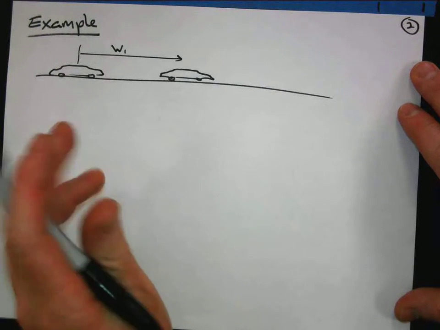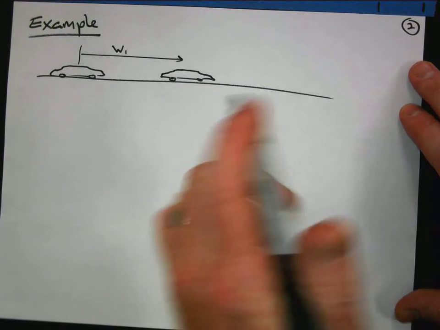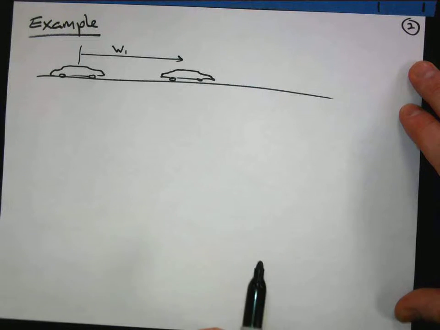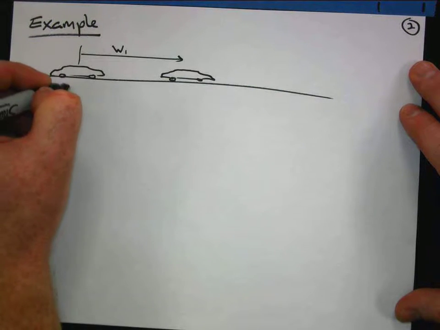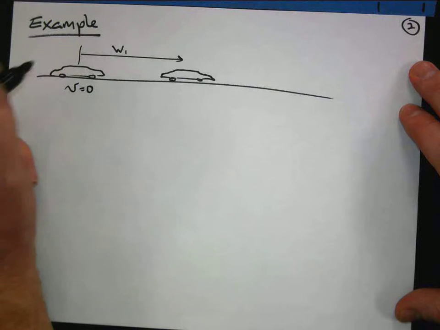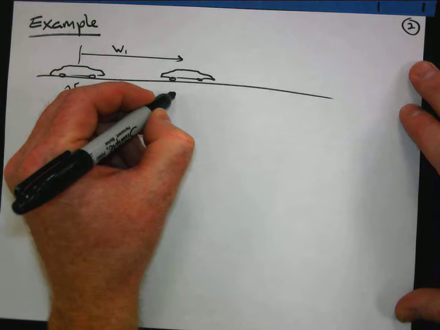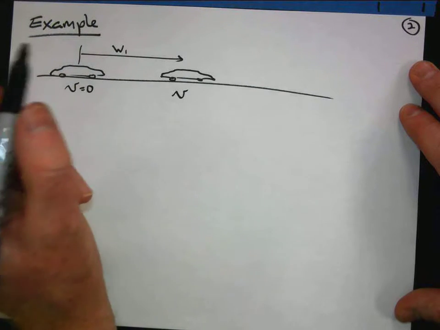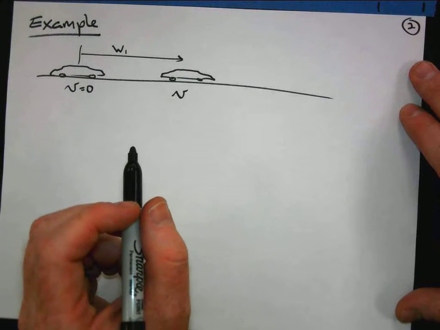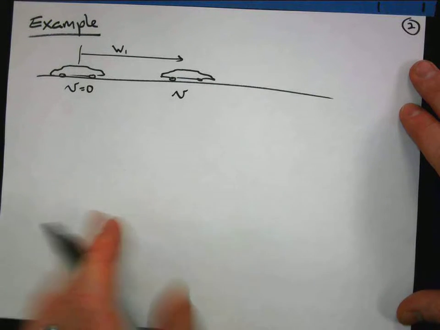We've applied a net force to it, creating an acceleration, and therefore changing its velocity. So initially, the velocity was zero, and now we have a velocity v.